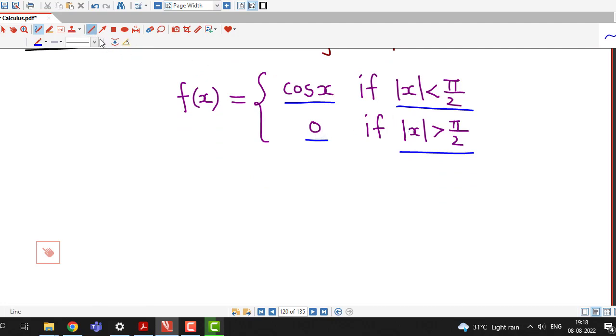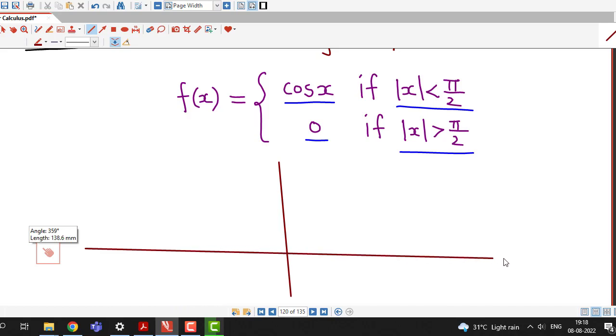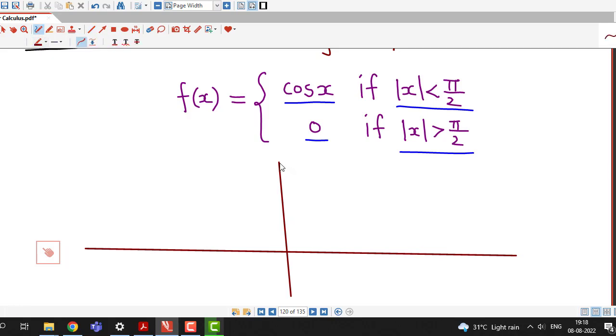So first we sketch the graph of this function roughly, and then from the graph we will be able to decide whether this function is even or odd function. So suppose this horizontal line represents x-axis, and suppose we consider this as y-axis.